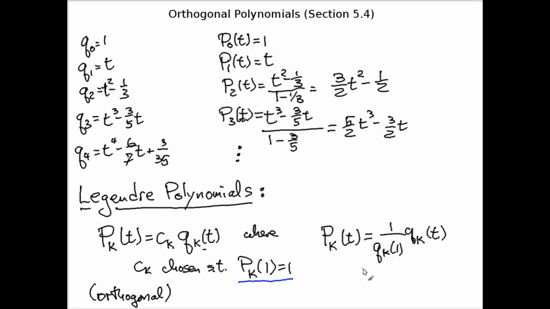And there's actually a formula for ck, which I'll write down. Ck is given by this rather interesting formula, 2k factorial over 2 to the k times k factorial squared.